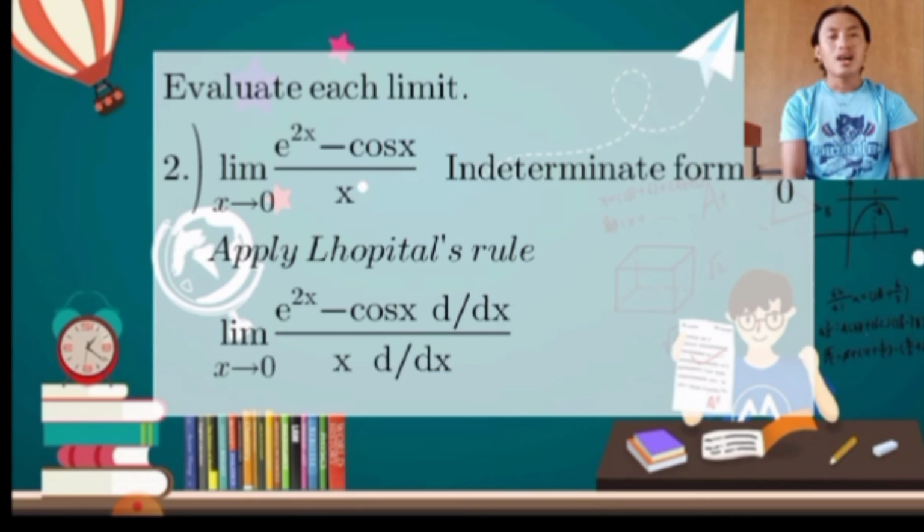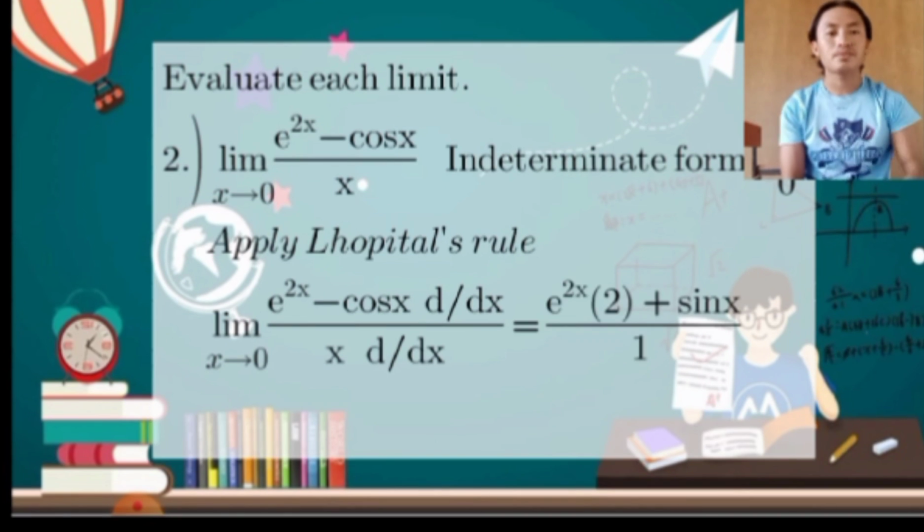So by applying L'Hopital's rule, the limit as x approaches 0 of d over dx of (e to the power of 2x minus cos x) over d over dx of x is equal to (e to the power of 2x times 2 plus sin x) over 1.